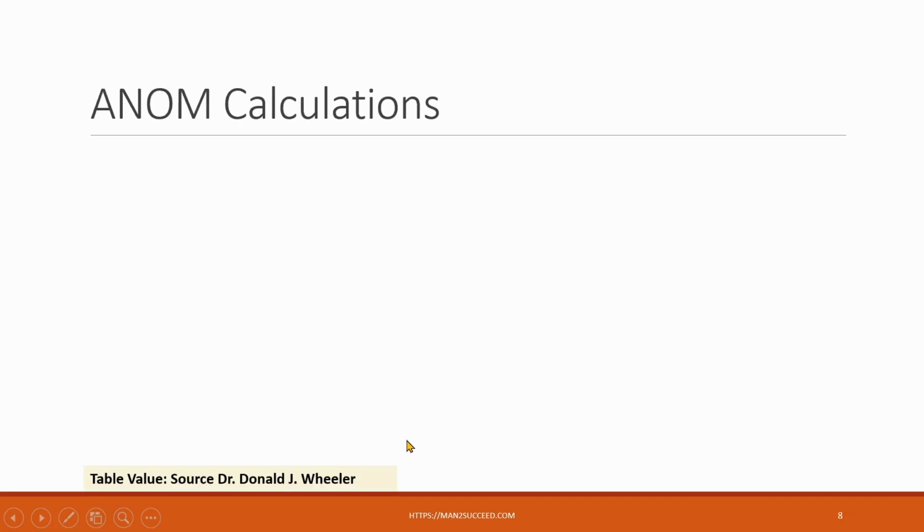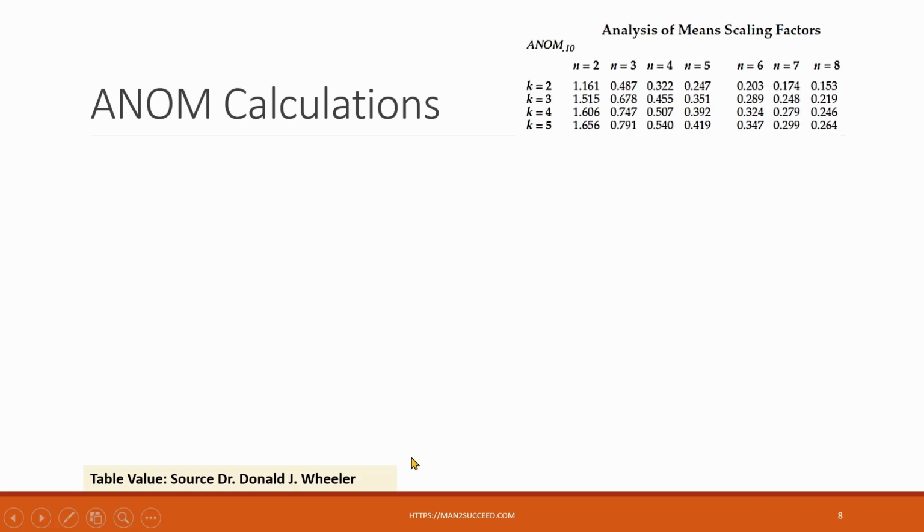So the calculation we will do here. The table value we have taken is from Dr. Donald Wheeler, who has given the scaling factor values. The table is given here for 0.10, that is the 10% alpha value, for the ANOM calculation.